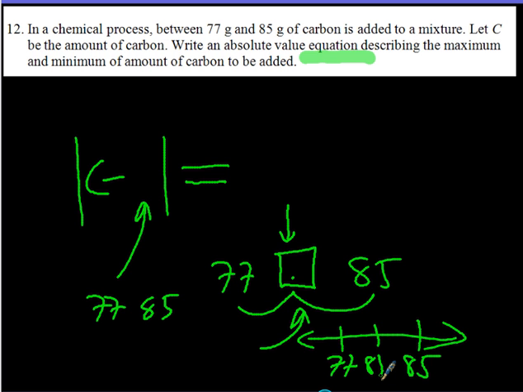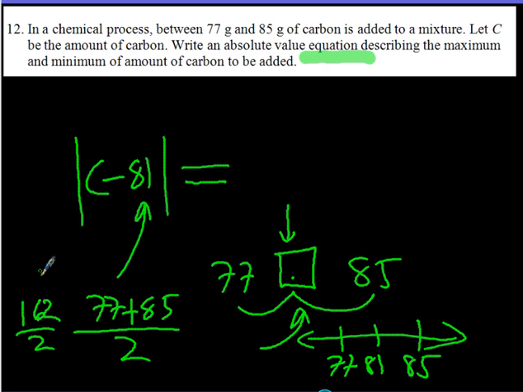Or take the average. The average of two numbers is the point halfway between them. 77 plus 85 is going to be 162. And when I divide that by 2, I get 81 also. So 81 is going to go in here. How much did I go up and down?